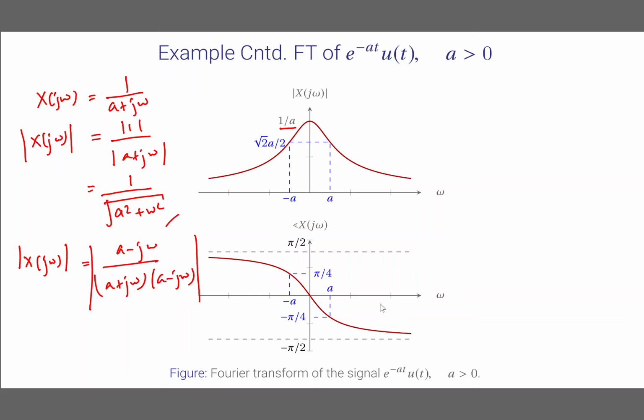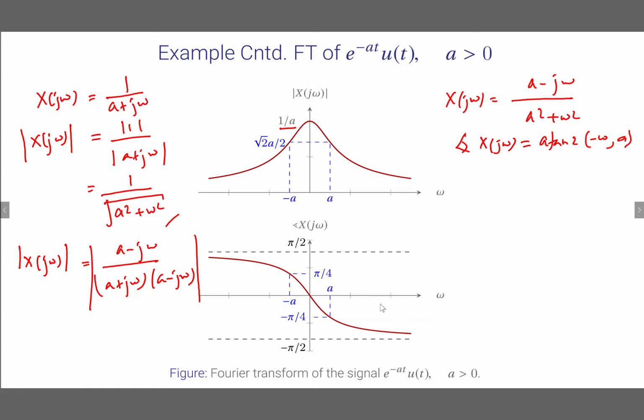When you think about the angle, since X(jω) is actually equal to (a minus jω) divided by (a squared plus ω squared), the angle of X(jω) is equal to atan2(minus ω, a).